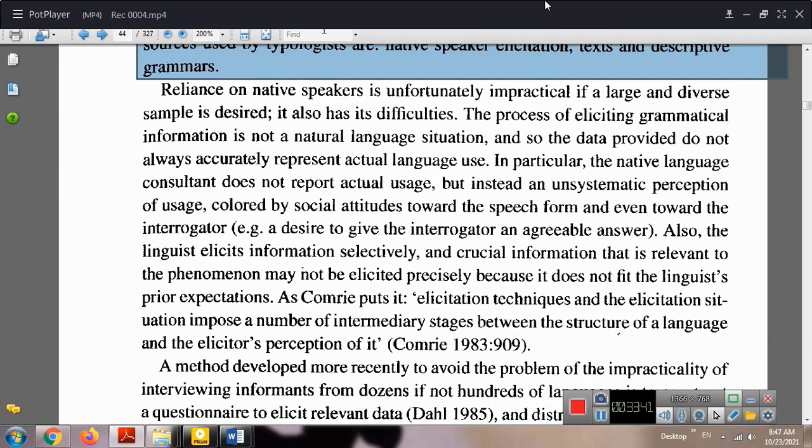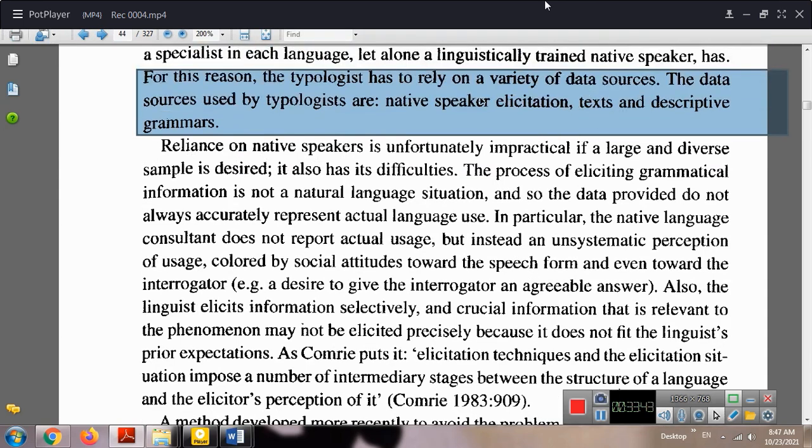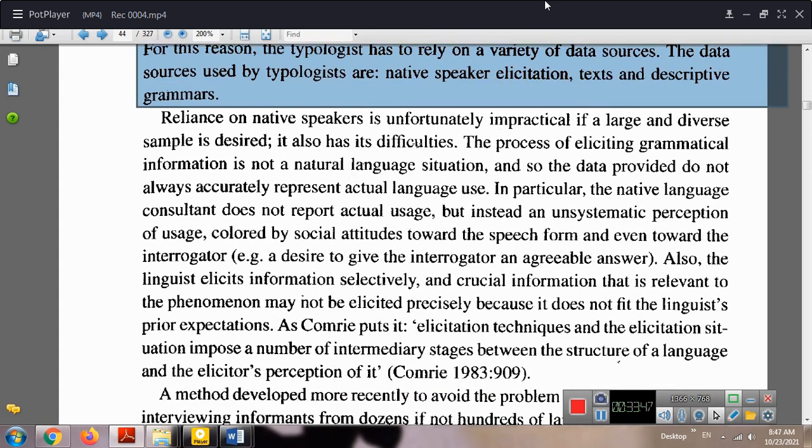Reliance on native speakers, which is one of the sources, native speaker elicitation. Reliance on native speakers is unfortunately impractical if a large and diverse sample is desired.